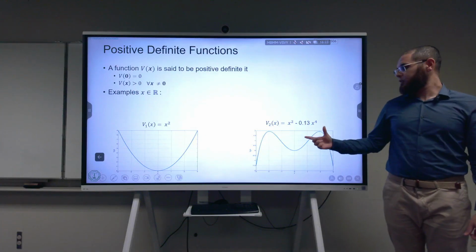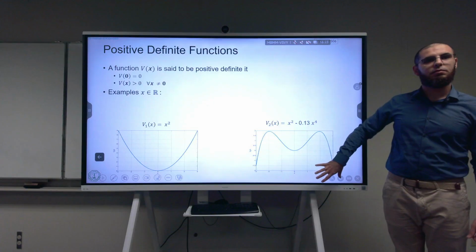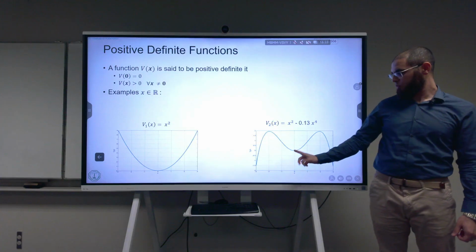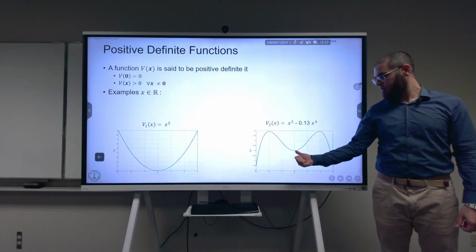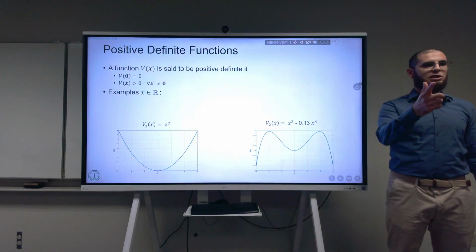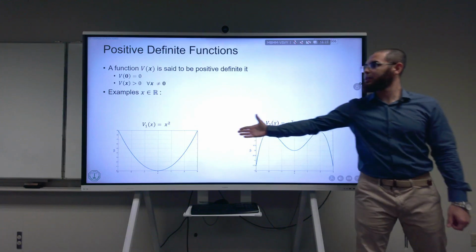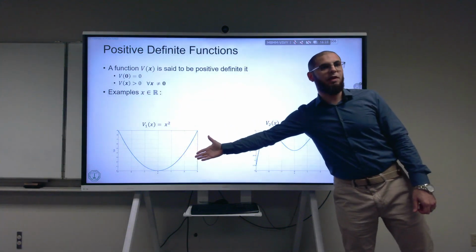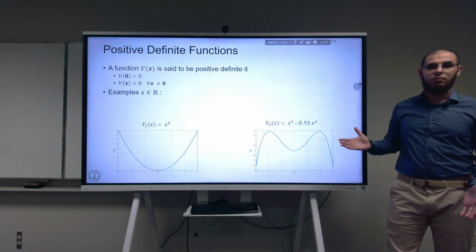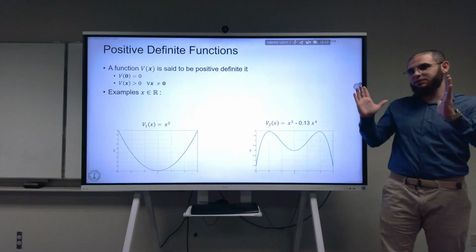So this is another function. Is it positive definite? Around 0, it's 0 at 0, and away from 0 it's positive. But it's not positive everywhere, so it's not positive definite everywhere. So what do we call this? We call the earlier one globally positive definite, and this one locally positive definite.